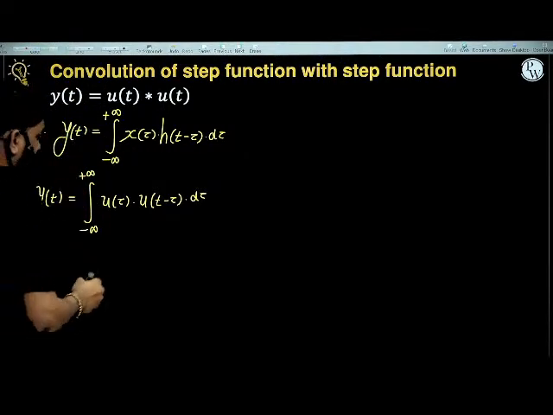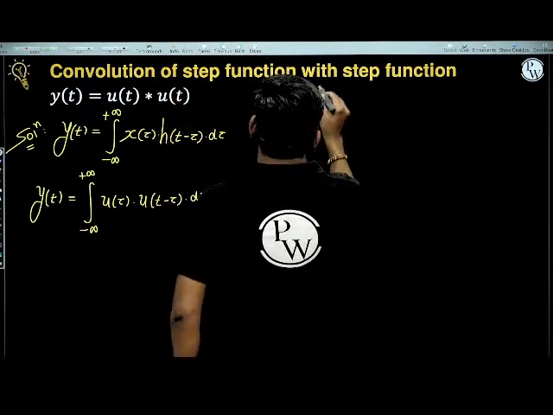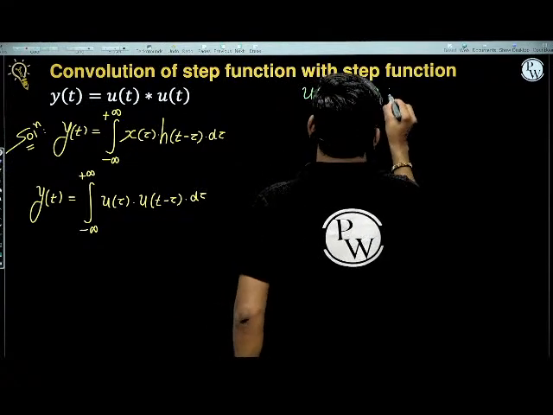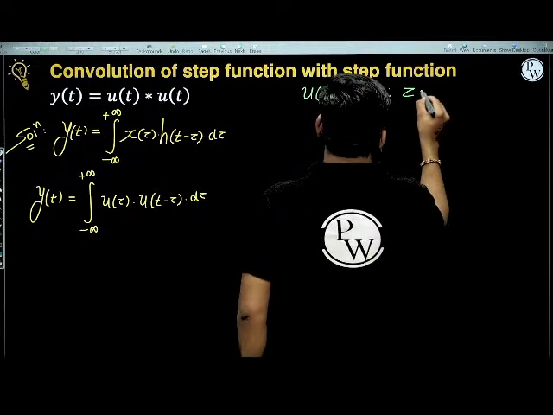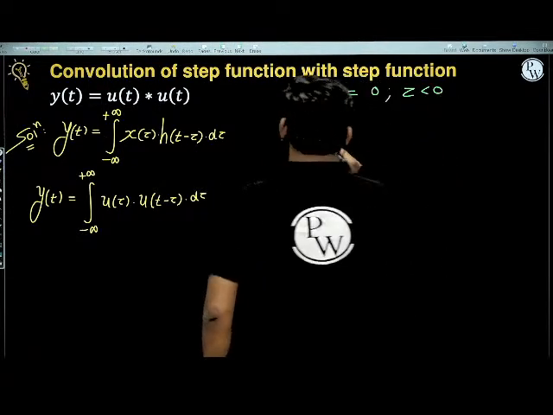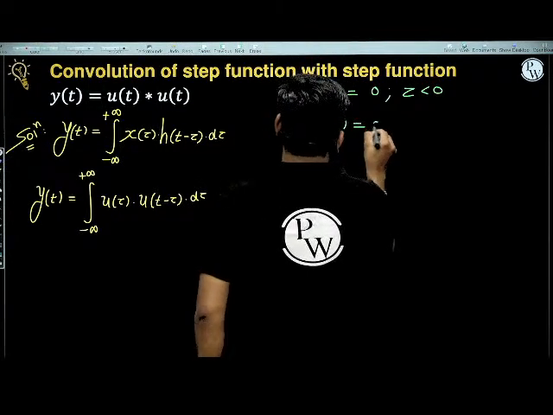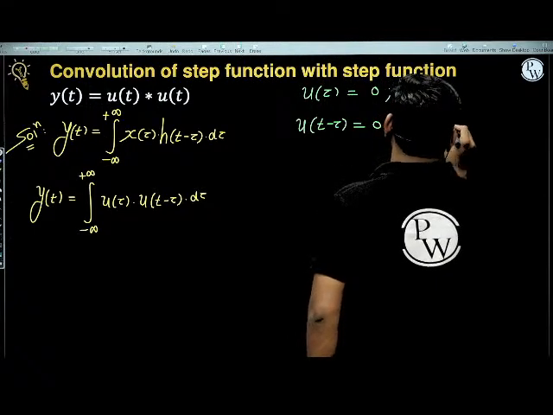Now see, we know that u of tau is equal to 0 for tau less than 0, and u of t minus tau is 0 for, already we have seen, tau greater than t, guys.